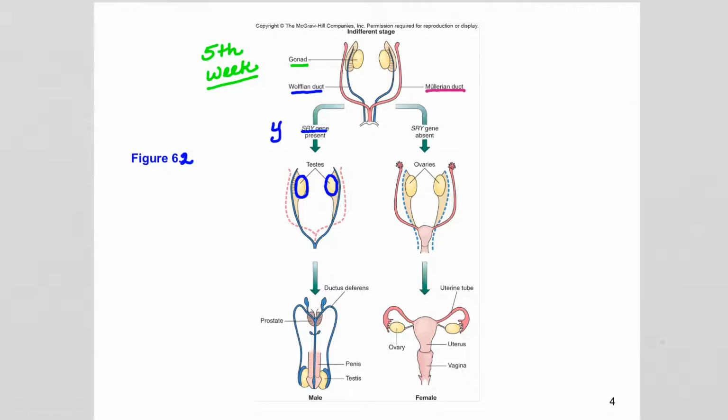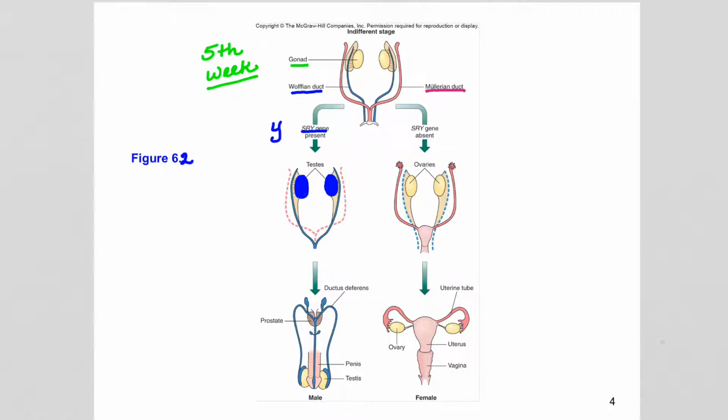So due to the expression of specific hormones produced when this SRY gene is turned on, is transcribed and translated, we now see these unspecialized gonads turn into our testes.